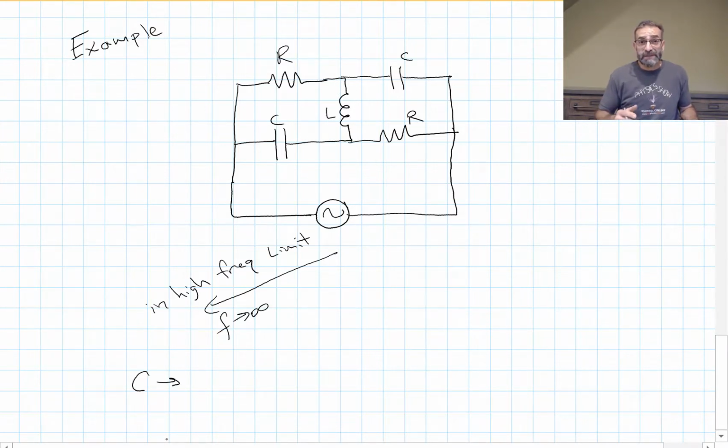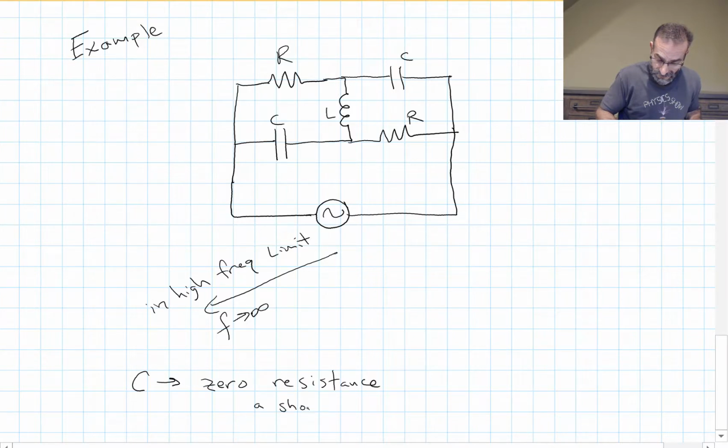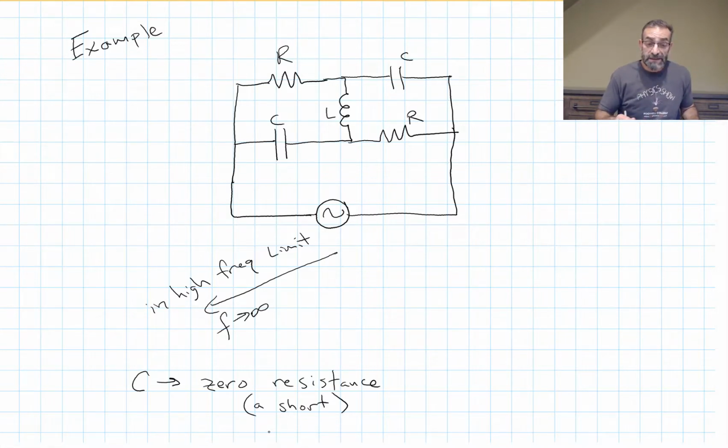A capacitor acts like a short, a 0 resistance path. And what does an inductor act like in this limit? It's just the opposite. It acts like an infinite resistance, like an open circuit.